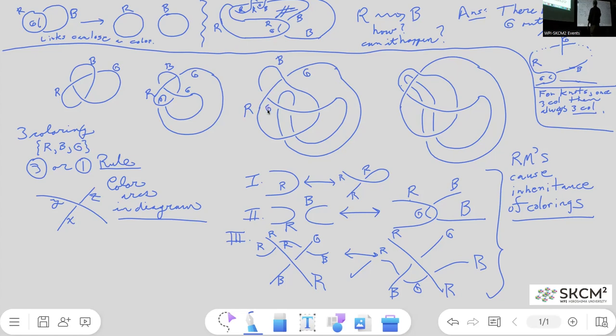Let's just color it. Blue and green make red. And this is green coming out here, which comes in here, green. And this is also green, and green and red made blue, and blue and green made red. So now if you look at it, you see that what happened was that the blue bumped into the green and made red there, right? And then I'm going to push it through here.